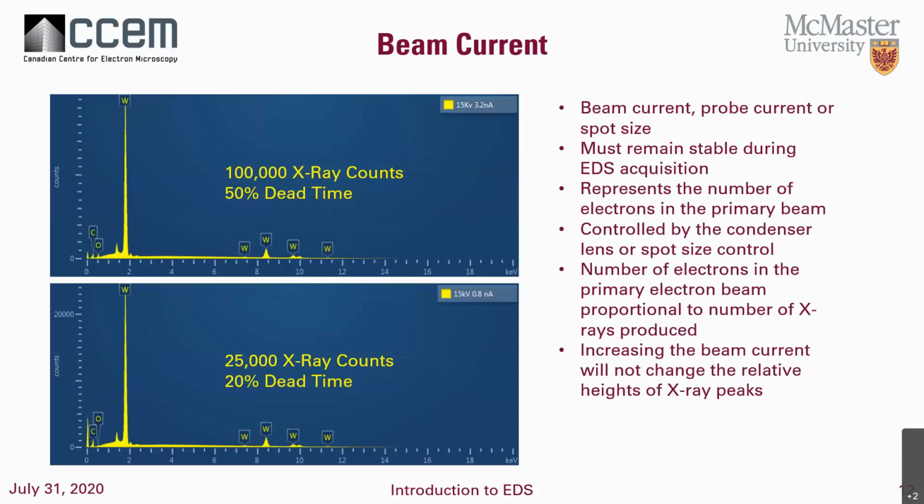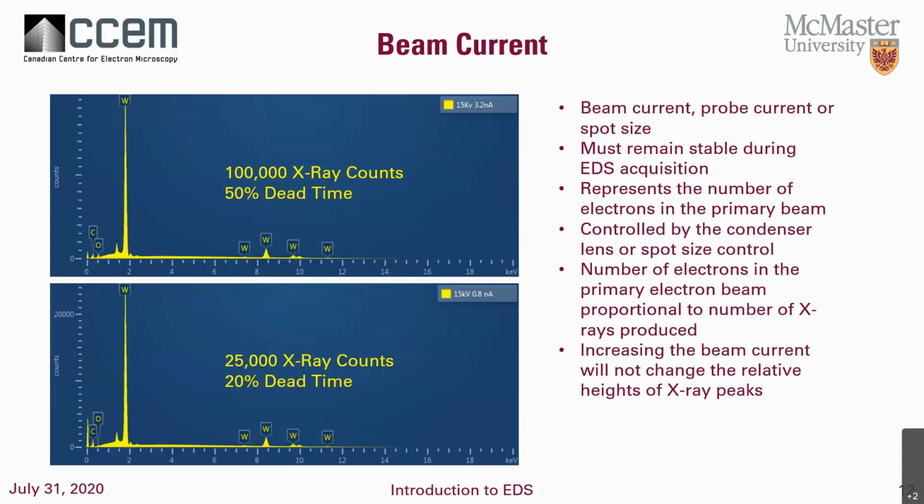Now, the beam current or spot size or probe current has to be stable during EDS acquisition. This is especially important if you're doing quantitative work. The current represents the number of electrons in the primary beam. It's controlled by the condenser lens or spot size control. The number of electrons in the primary beam is proportional to the number of X-rays produced.